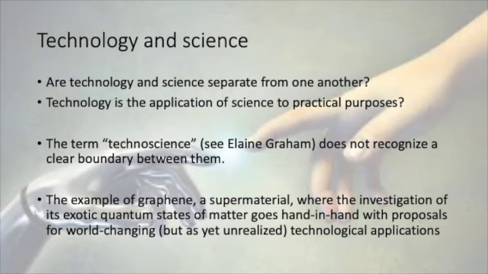Graphene is a supermaterial derived from graphite, the lead that you find in pencils. But when graphite is stripped down to a layer of carbon just one atom thick, it takes on super properties. It becomes the strongest and thinnest material known to human beings, but is also an excellent conductor of heat and electricity.